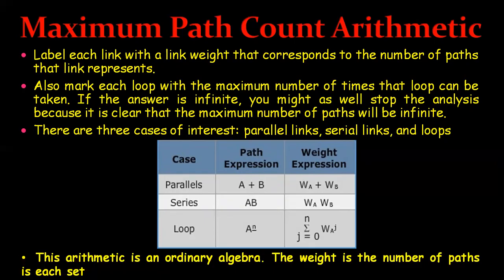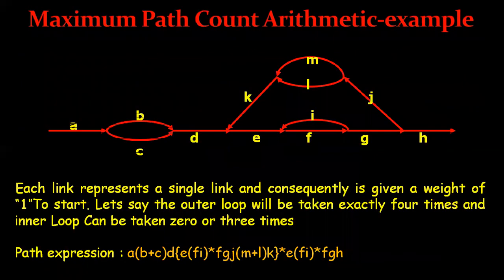So let us go through it with the same example we discussed in our previous lecture for finding out the node removal algorithm. So I'm taking the same example. Here each link expression is represented by a single link, and consequently it is given a weight of 1 at the start.